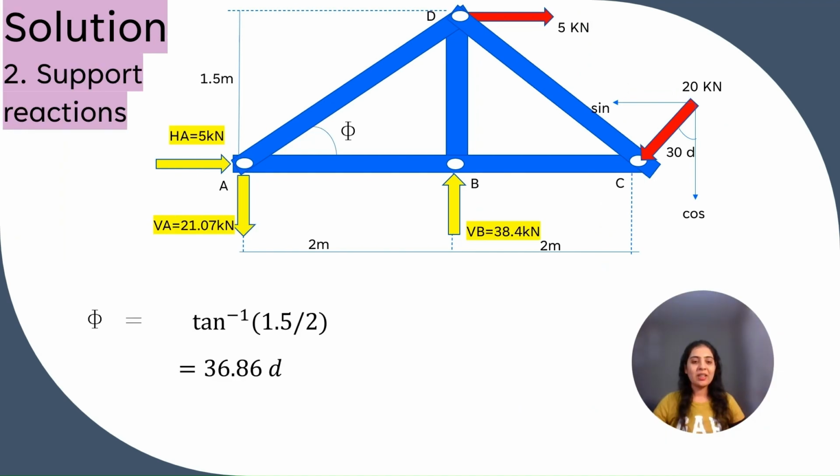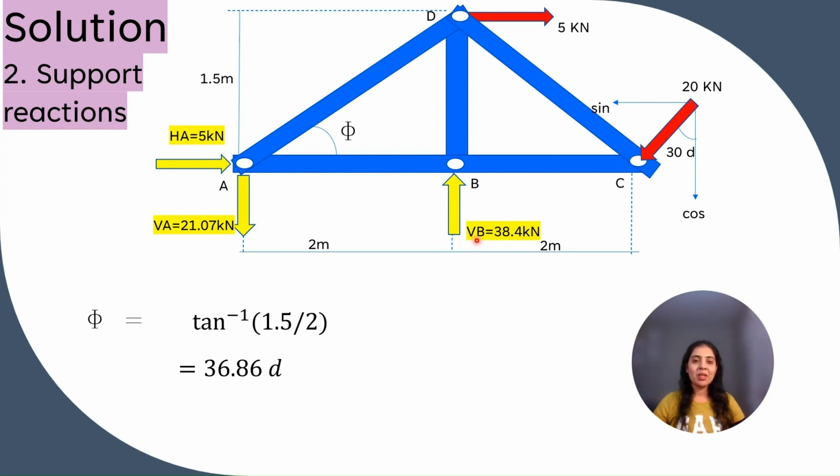After solving the equations of equilibrium, we get the support reactions like this. HA is equal to 5 kilonewton, VA is equal to 21.07 kilonewton, which is in the downward direction, and VB is equal to 38.4 kilonewton.